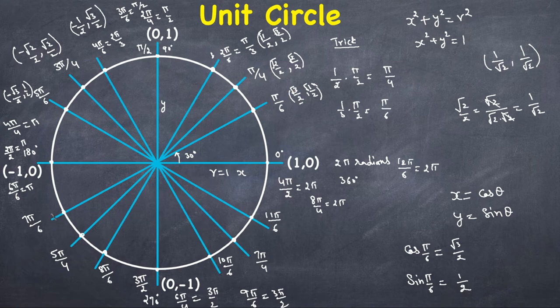In the third quadrant, x is negative and y is also negative, so this coordinate is going to be negative root 3 over 2 comma negative 1 over 2. And this one, if you go along this one, both x and y are negative, which is again going to be negative root 2 over 2 comma negative root 2 over 2.